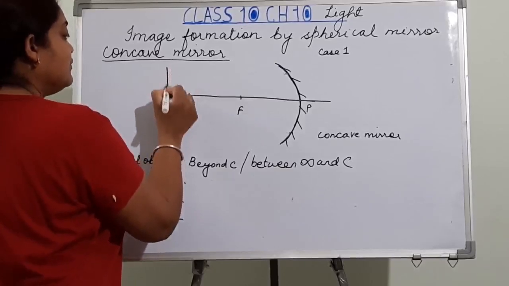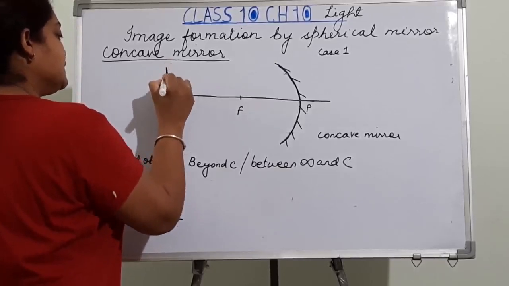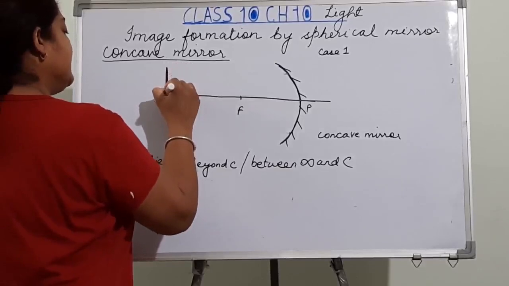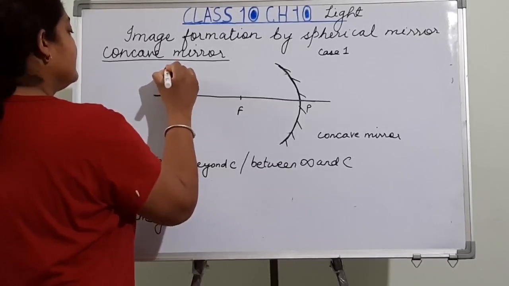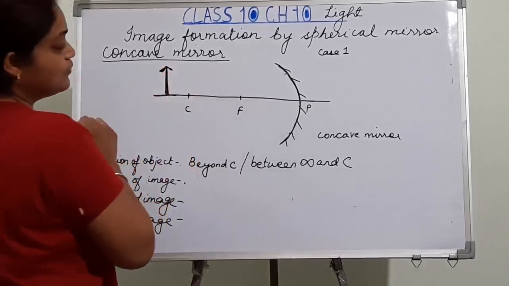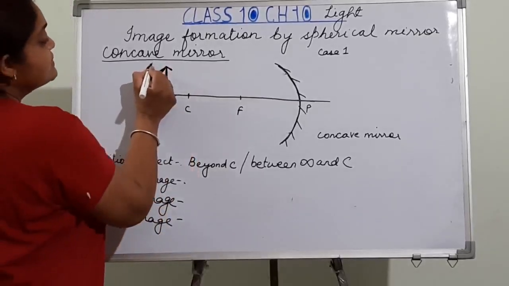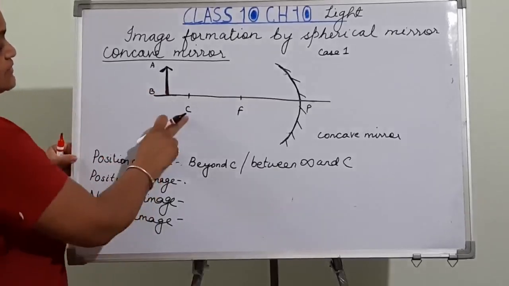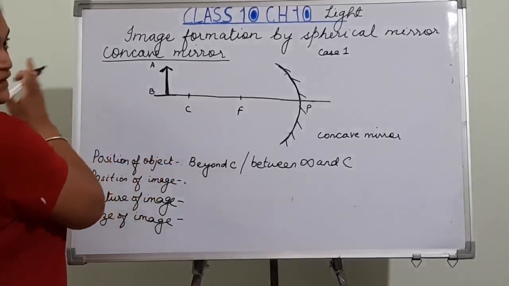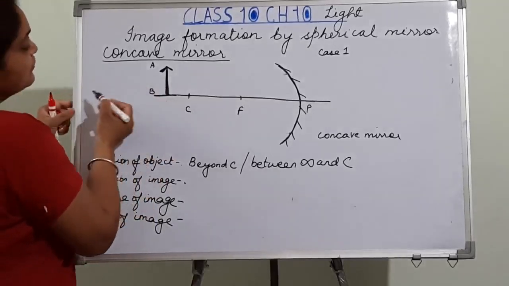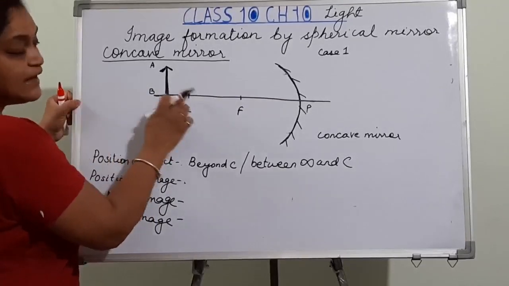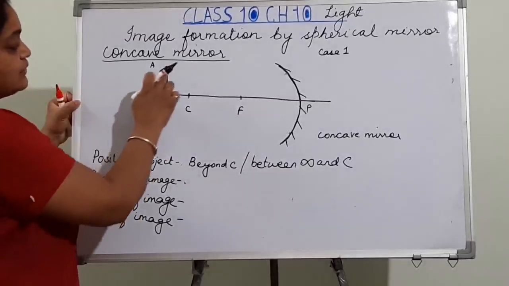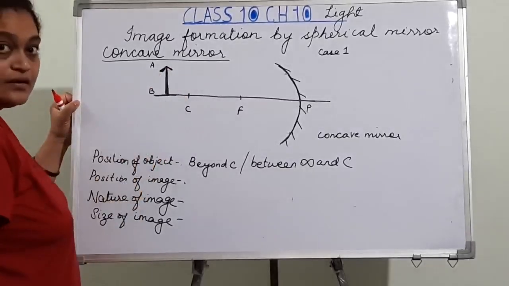How do we draw the object? It is an upright arrow. This is object. Mark it as AB. Okay, and it is kept beyond C. Here it is infinity. So it is kept between infinity and center of curvature. AB is the object.